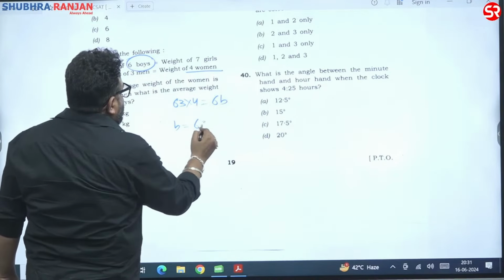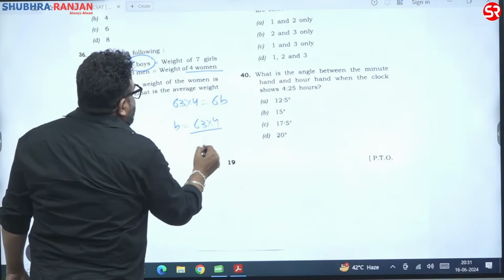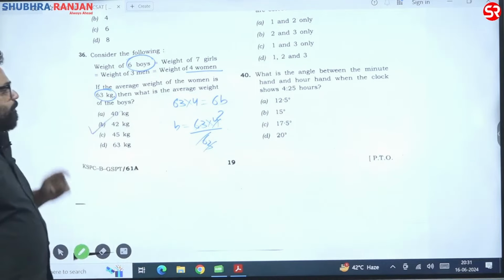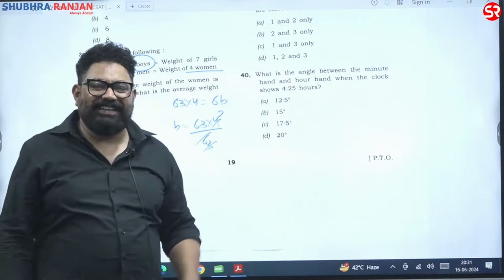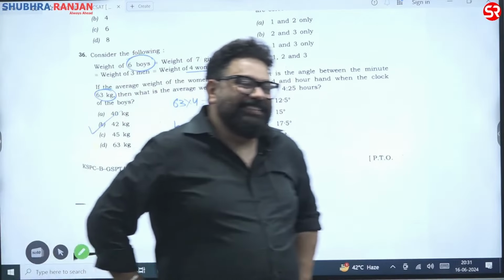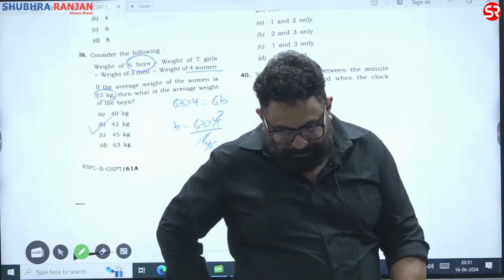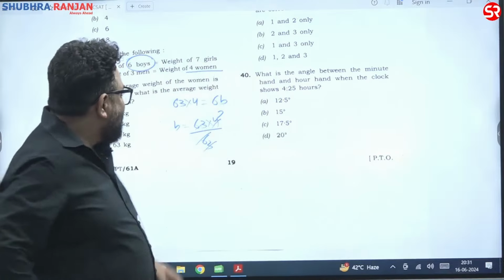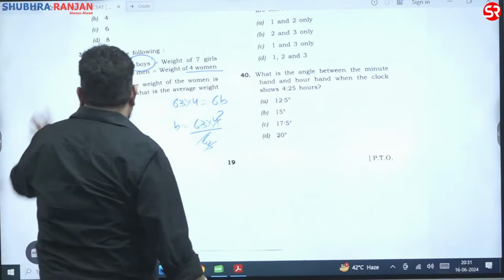So one boy would be 63 into 4 by 6, this is 2, this is 3, it is 42. Done. Easy. Right? This is something you should easily be able to do.